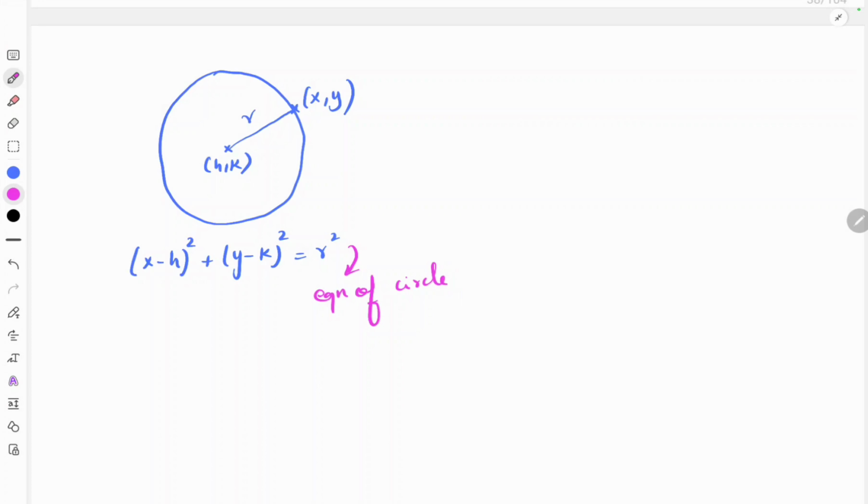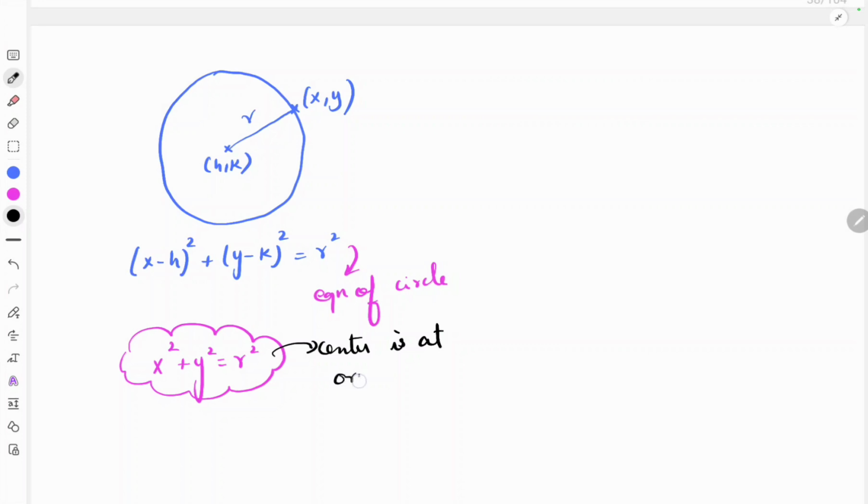If I take the center as the origin, I will get x minus 0 the whole square, which is x square plus y square equal to r square. So whenever I get an equation like this, the center is at the origin and the radius is r.